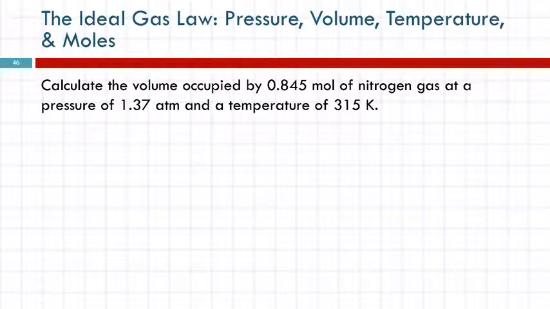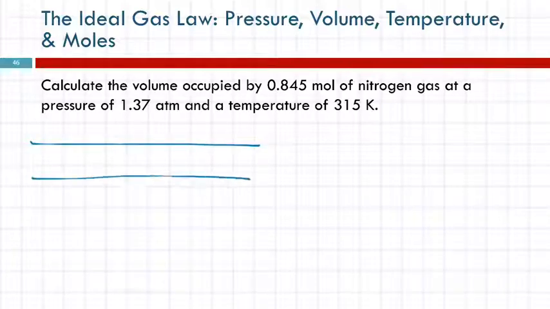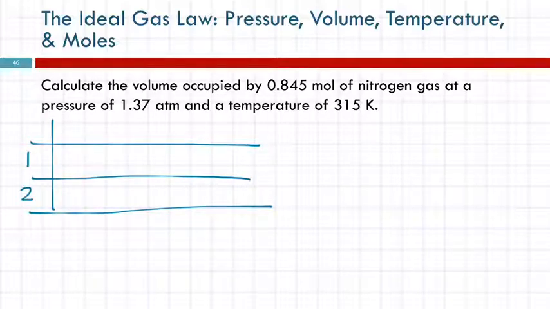If you are word problem challenged, follow the same pattern. We're going to make a table. So we'll just set this up like we did all the other problems, 1 and 2. We're going to put the numbers in as we go across. So 0.845 moles.